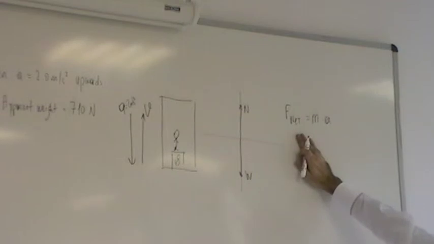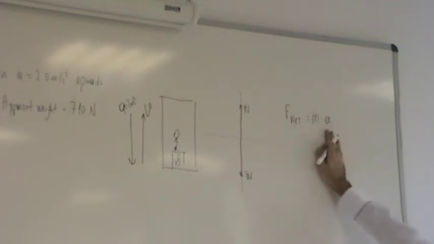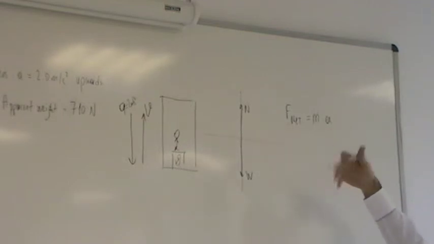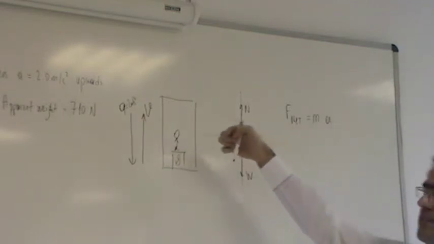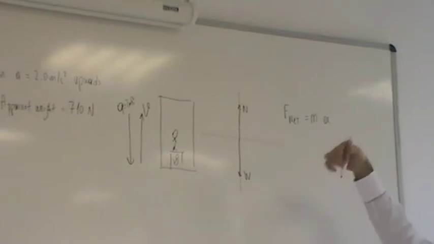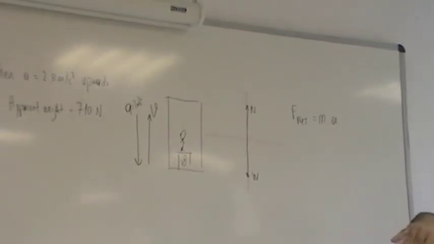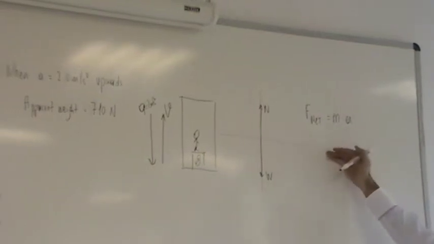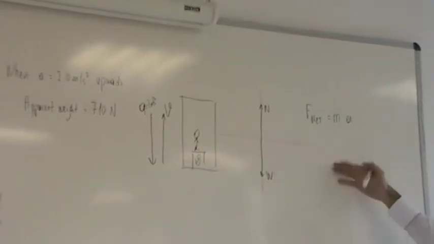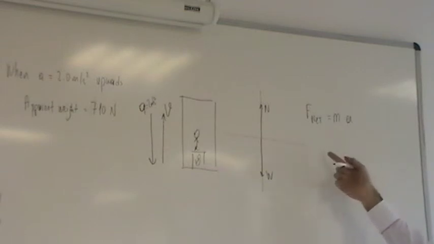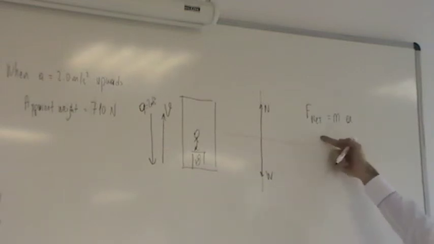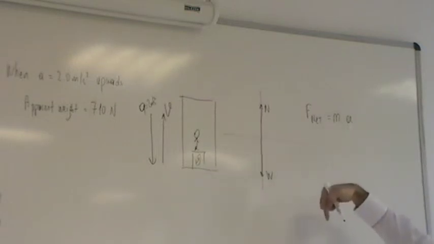Therefore, the direction of net force and the direction of acceleration have to be the same. That's why I look at the direction of acceleration first, and I say, okay, this is the direction of acceleration, therefore it is the direction of net force, and I carry on with my calculations. I will do it that way first to see what I am going to get, and then I will use notations to find the acceleration and net force. So the net force in this case is downwards, because the acceleration has a downwards direction.